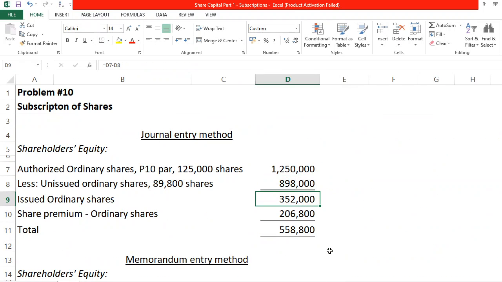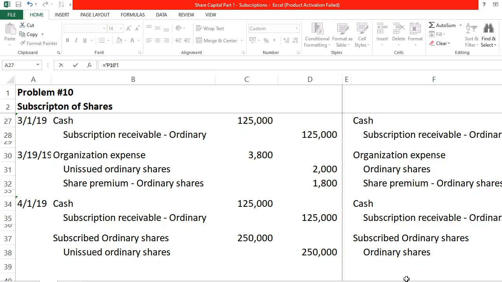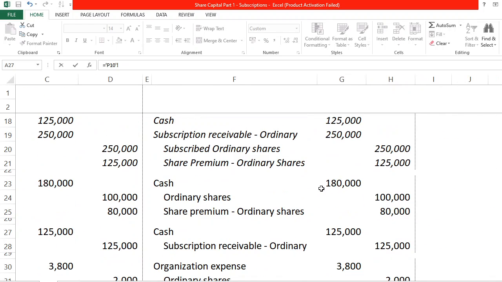Okay? Therefore, our issued ordinary shares is 352,000. So, in our memorandum entry, it's the same, 352,000. We just multiplied 35,200 times the 10 peso par. But if we want to itemize it, we base it on the entries because it is safer to base on the entries. Let's look for the ordinary shares in the entries.